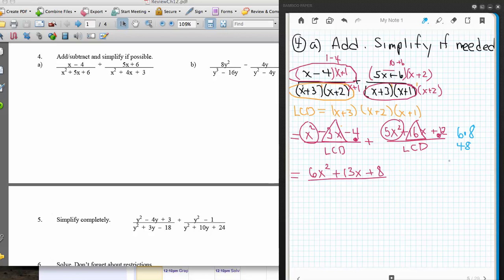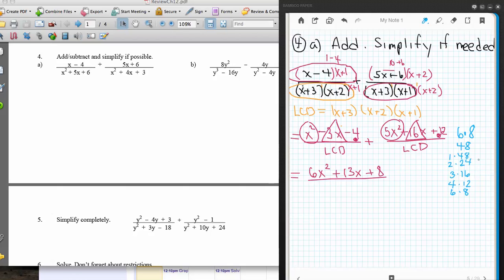And then from 48, I want its factors: 1 times 48, 2 times 24, 3 times 16, 4 times 12, and, obviously, 6 and 8. And then I'm looking for those that sum to 13.